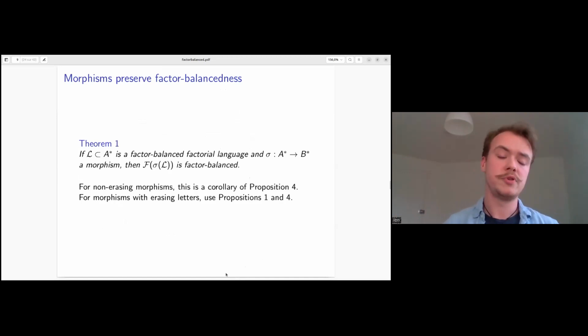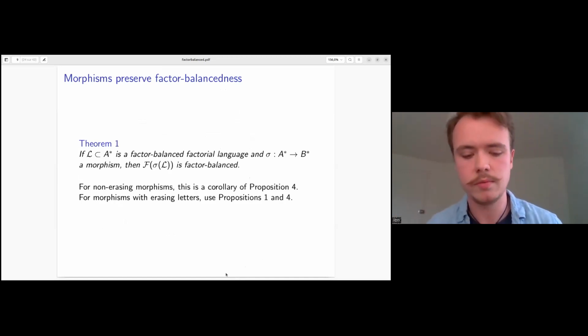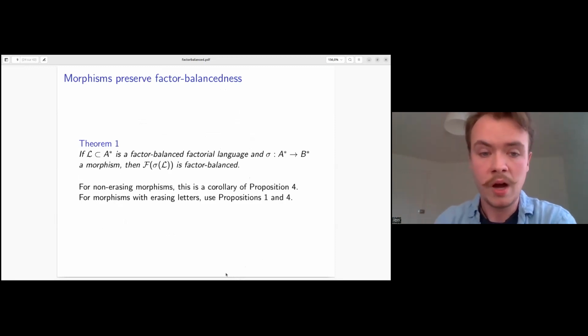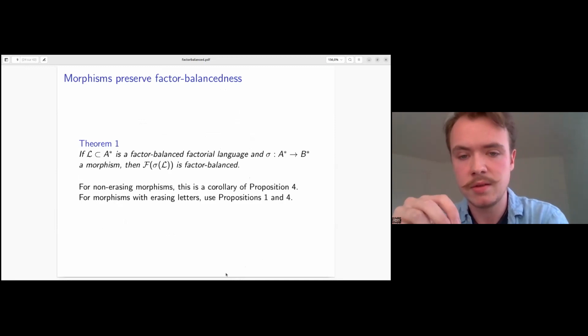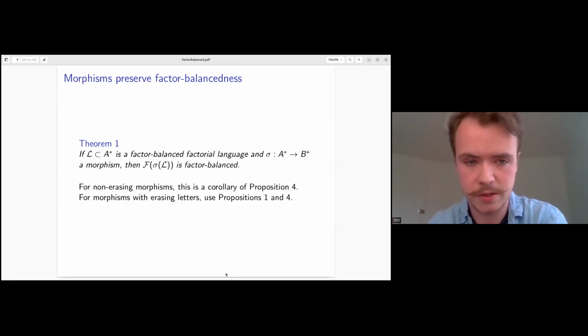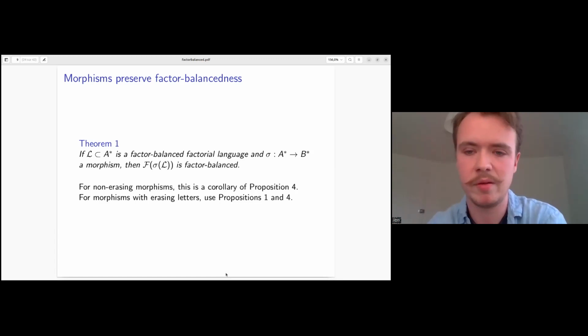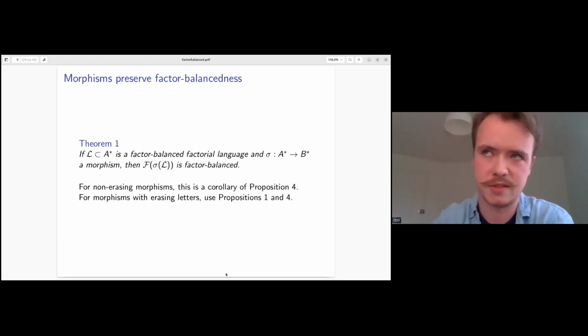And so to preserve factor balancedness, which is to be balanced for any length n greater than 1, you have that if L is factor balanced in a factorial language and sigma is a substitution, or morphism, sorry. The difference between the two that I'm mixing is: if you have a morphism between the same alphabet, A star to A star, we call it a substitution, and otherwise it's called a morphism.